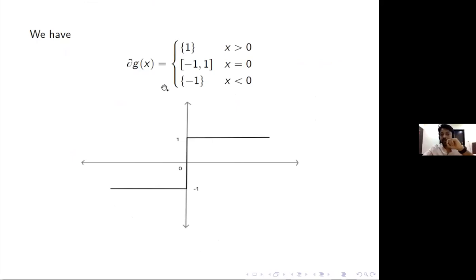It turns out that the differential subdifferential of the modulus map at x is the singleton 1 if x is positive, the singleton -1 if x is negative, and at x equal to 0, where this function is not differentiable, it turns out to be the closed interval [-1, 1].